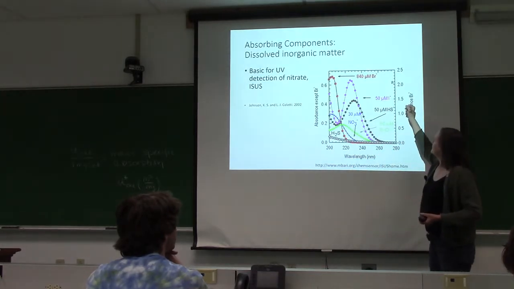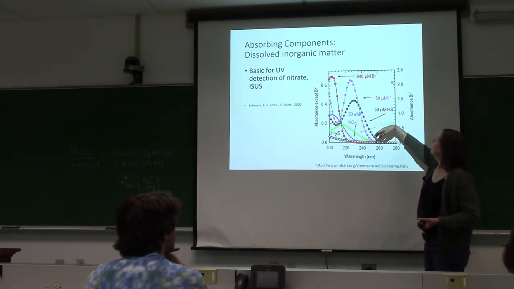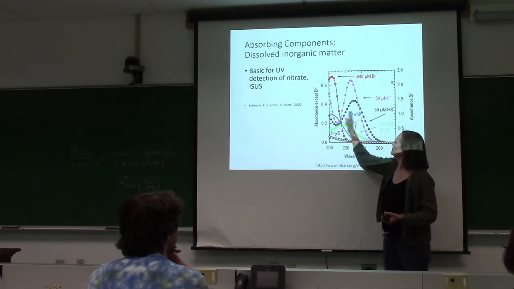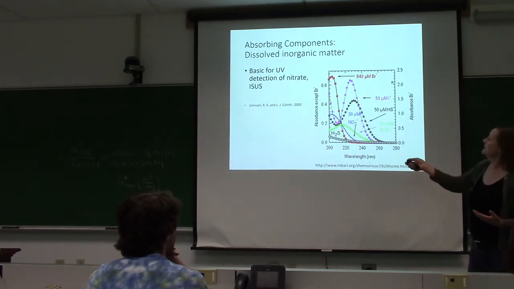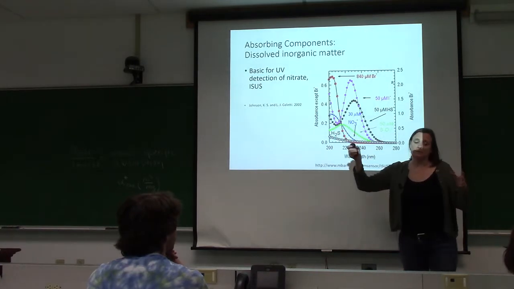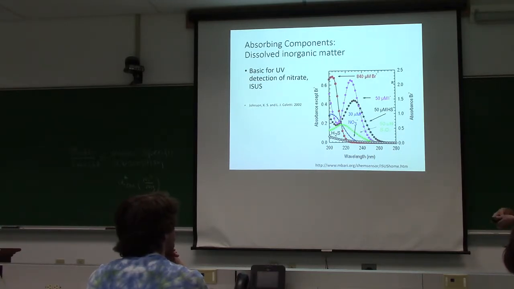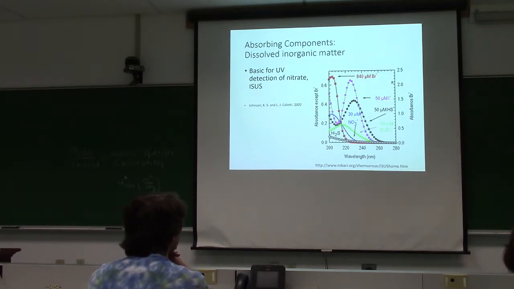But we can also see things like nitrate, hydrogen sulfide, a variety of different molecules. But they all have this really strong absorption in UV. And so this is actually the basis for the detection of nitrate. You can use an ultraviolet spectrophotometer to measure nitrate concentrations in the water, which saves you a lot of chemistry if you calibrate it. So it's all based on absorption.